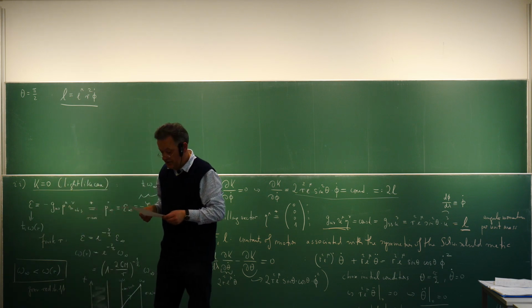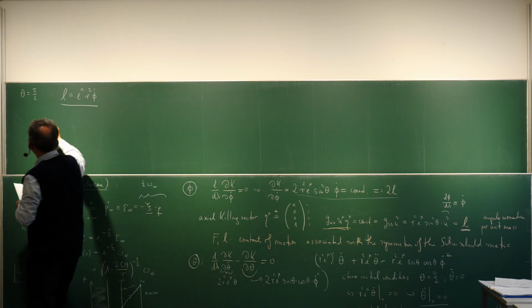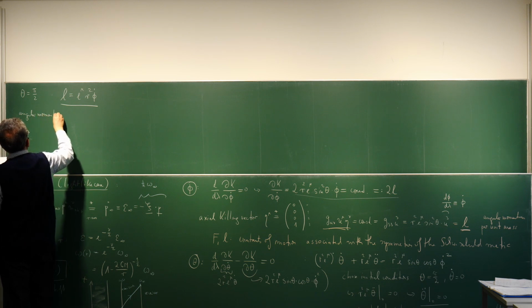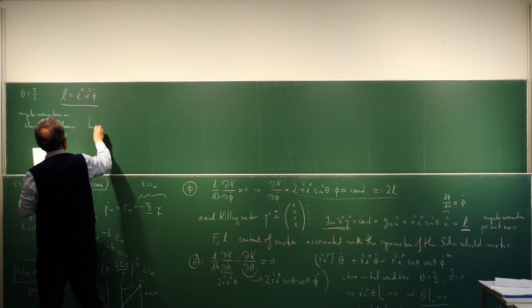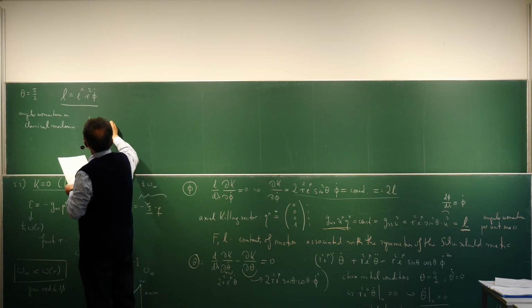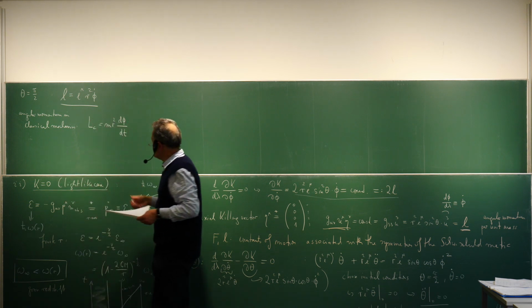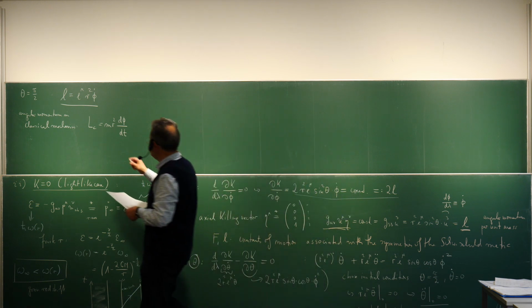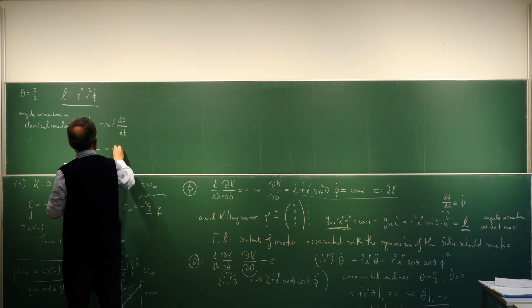Now, if you look at the angular momentum in classical mechanics, we have the following well-known expression. Let me call it L_C, L classic. So this is m r squared d phi over dt, which is what you get in polar coordinates, which means that if you divide it by the mass, you just have r squared d phi over dt.